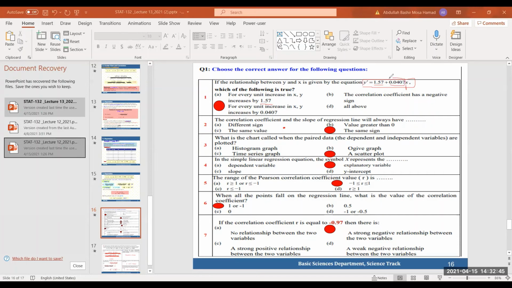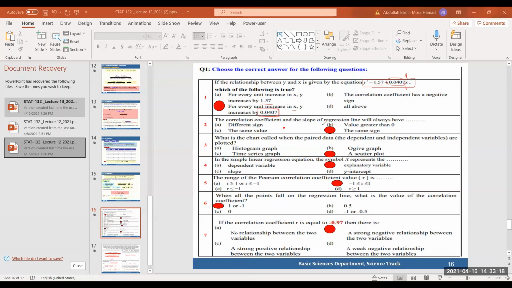So for every unit increase in x, if we change x to be 1, then y increases by this. Actually, this is the slope. The definition of slope is the value that y increases if x increases by 1 unit. Clear?